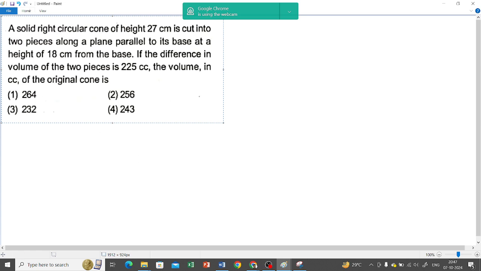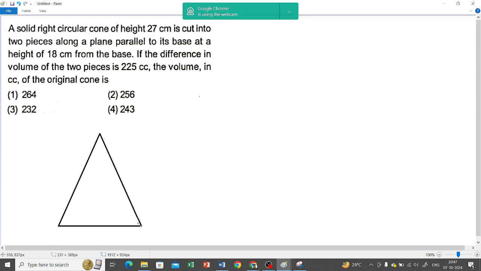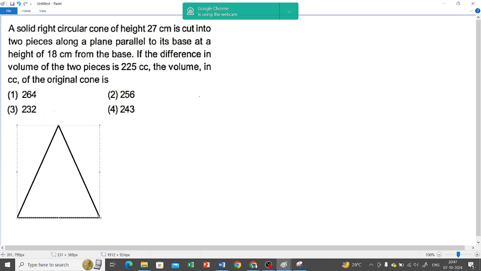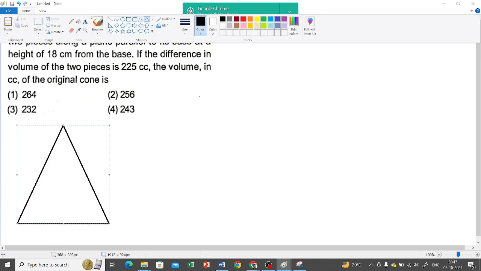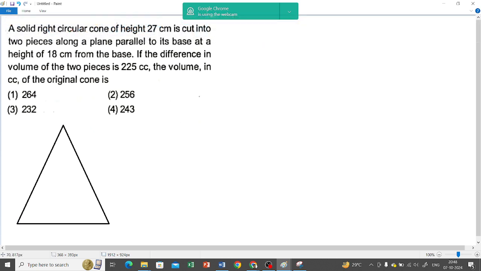Okay, so let us do this sum. A solid right circular cone. This is a cone. This is the center of the cone.